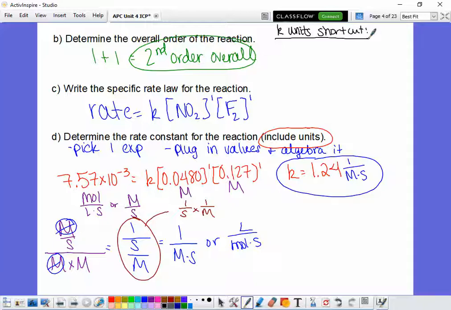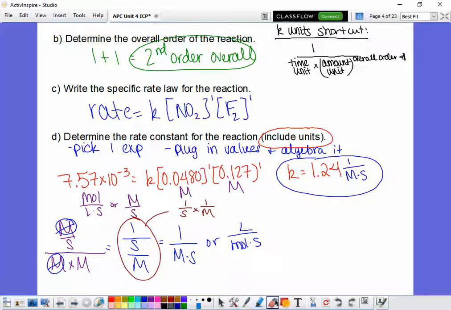Once you've figured out your overall order, you can very easily figure out the units on K. So it's going to be 1 over your time unit times your amount unit to the overall order minus 1.